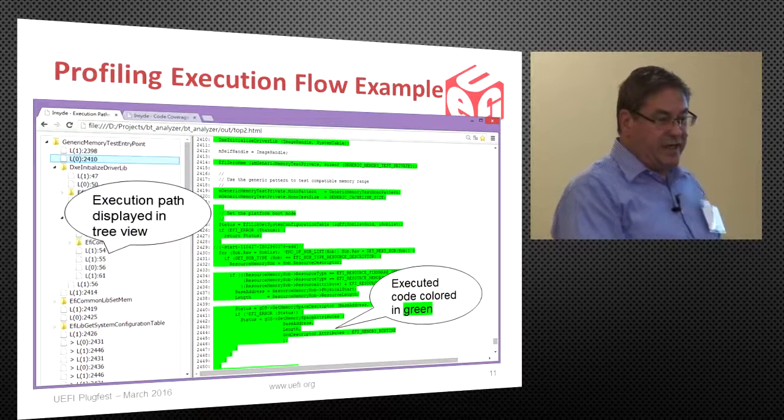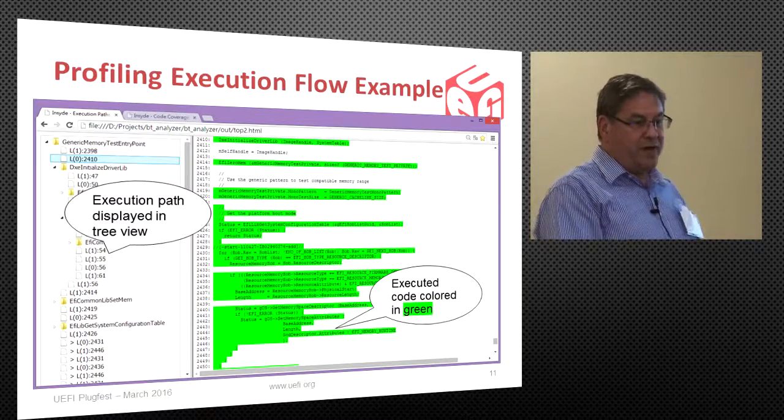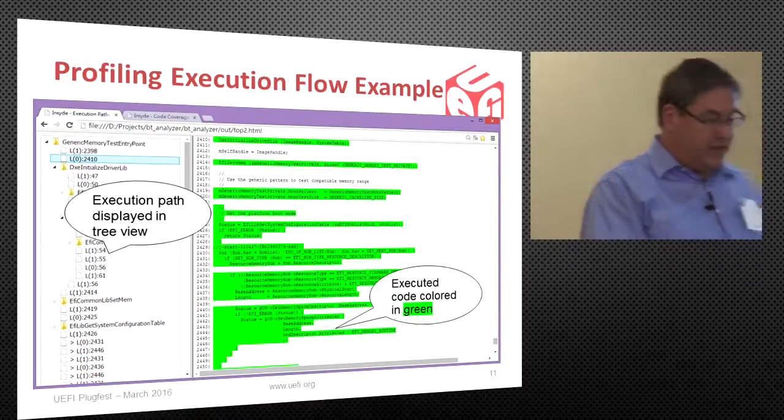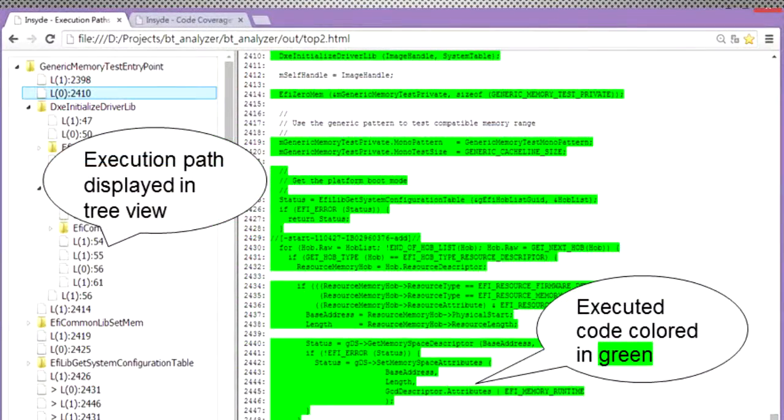So this is an example of the profiling execution. You can see over on the left-hand side is the path that you went through while this driver was executing. You're going through this path, and then at this point, here's the code that was executing.